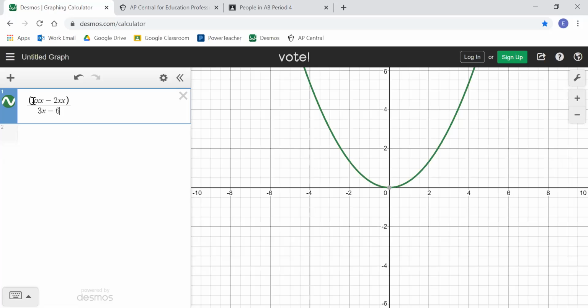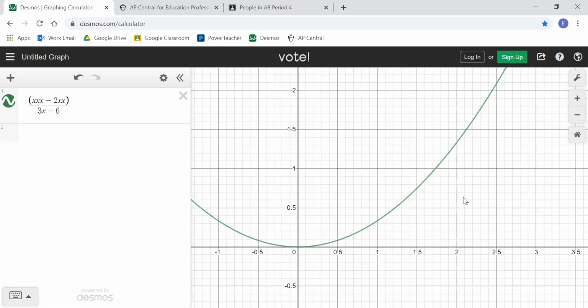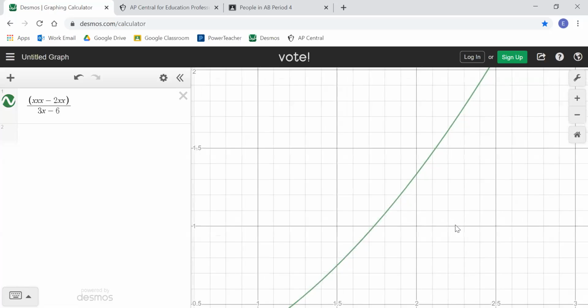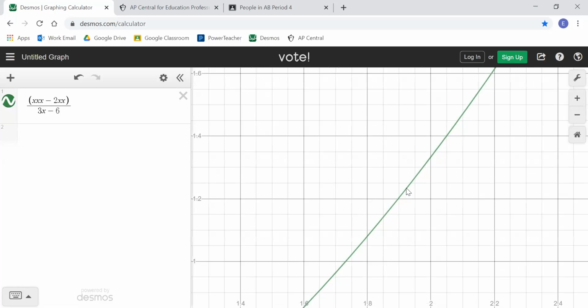And I'll be lazy and just type x cubed as xxx, and 2x squared as 2xx, just because it's easier than trying to do an exponent. If I zoom in around x equals 2, and we know that nothing weird's happening there other than there being a hole, we could probably get a pretty decent idea. It looks like it's between 1.2 and 1.4. In fact, here's 1.3. It's between 1.3 and 1.4.